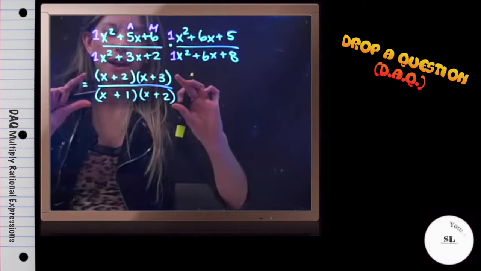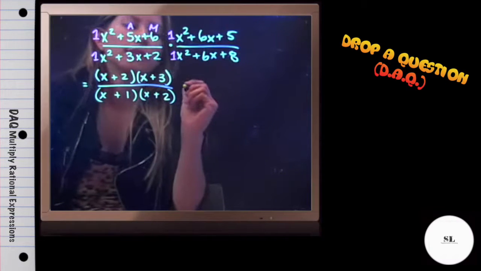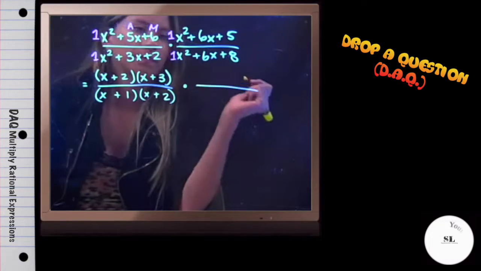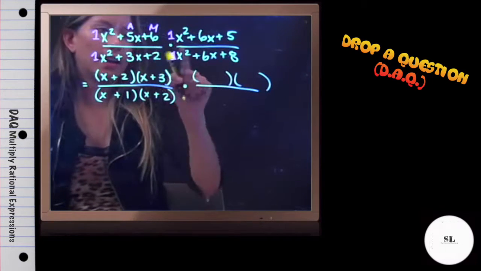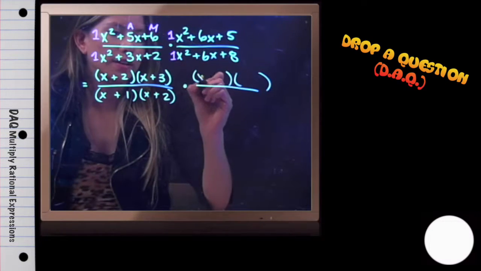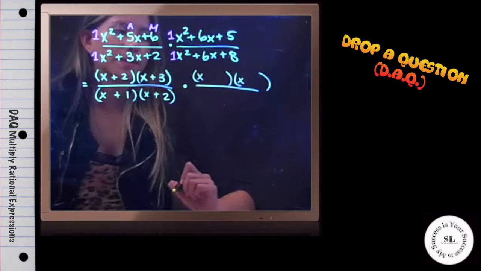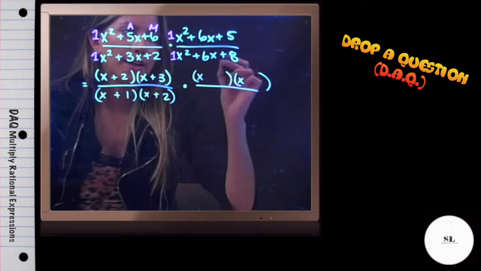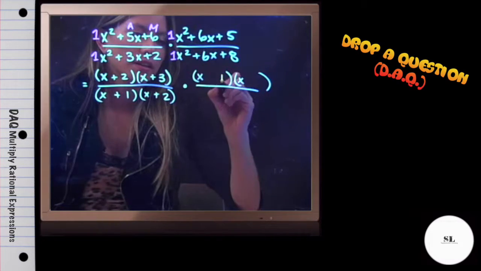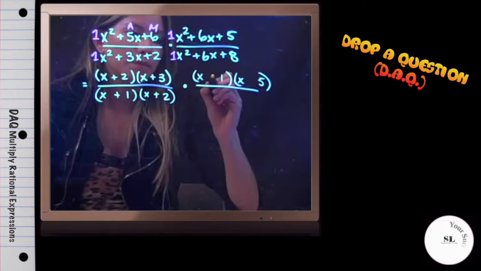Once we've factored out this first fraction, I'm going to do the same to the second one. Again, starting with a positive x squared, I know my first two terms have to be x for the groups. Multiplying to 5 and adding up to 6, 1 and 5, both positive.